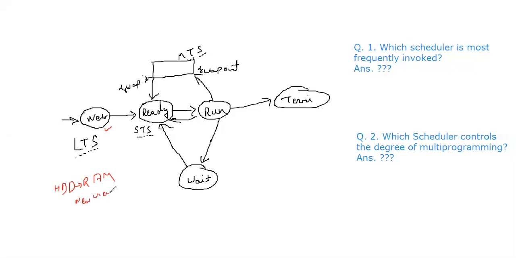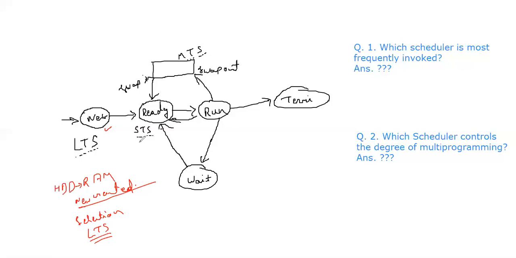Newly created processes. So these kinds of processes you want to send to the RAM, and that selection is done by the long-term scheduler. Long-term scheduler identifies processes which you want to send from the new state to the ready state.